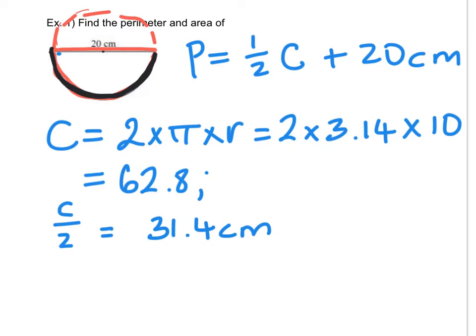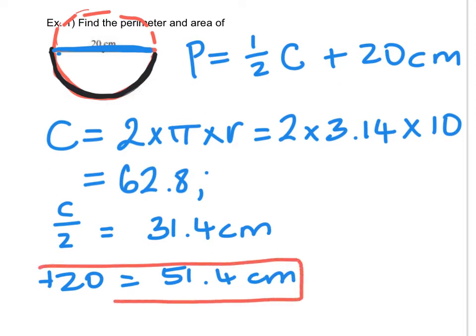And we have to add on this 20, which I'm going to highlight in blue, because that 20 isn't part of the circumference at all. This is a new length that we got by cutting it in half. So plus 20, it equals 51.4 centimeters. So 51.4 centimeters is the perimeter of that figure.